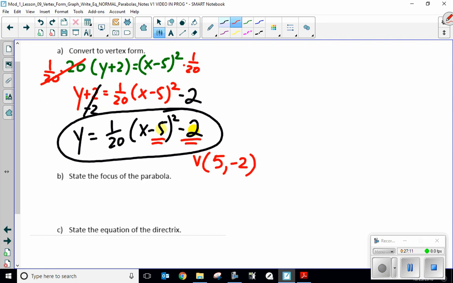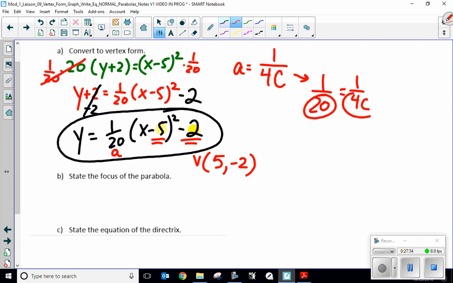How do I find my focus? If I know my vertex, I need my c value. That's the distance from my vertex to my focus. And how do I find that? a equals 1 over 4c. My a value, ladies and gentlemen, is 1/20th, equals 1 over 4c.